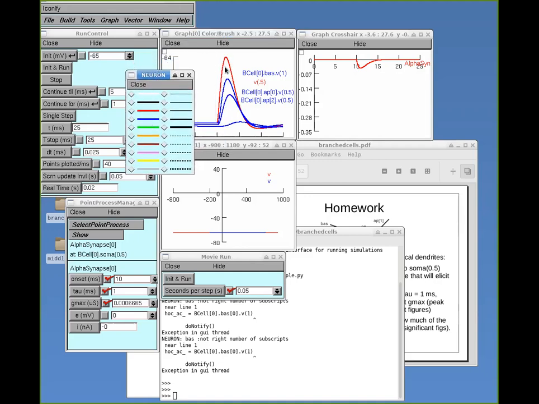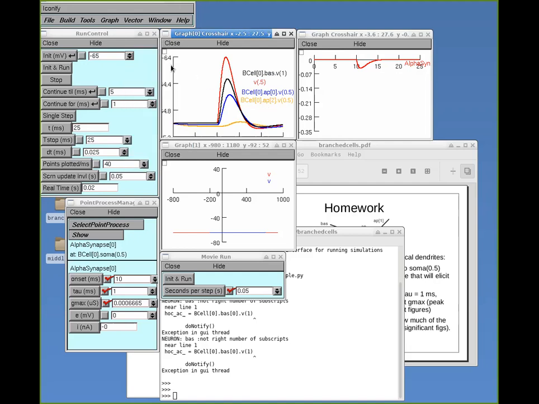I will make the base black. I'll make the apical 0 blue, which it is, and I'll make the apical 2 this kind of brownish, reddish, orangish color. Go back to crosshair.